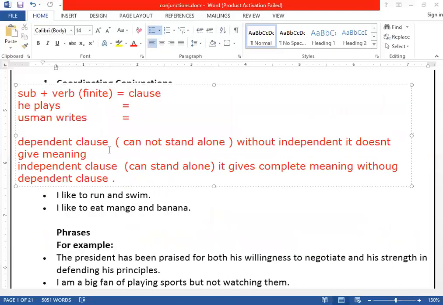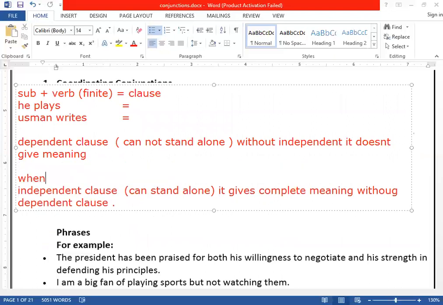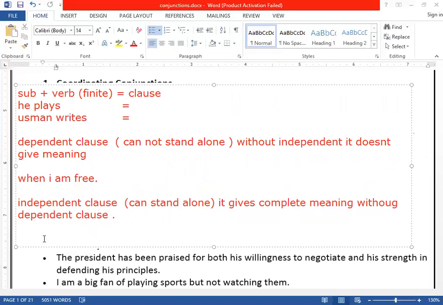Let me explain through examples. For example, when I am free, or if I say, I cook rice.